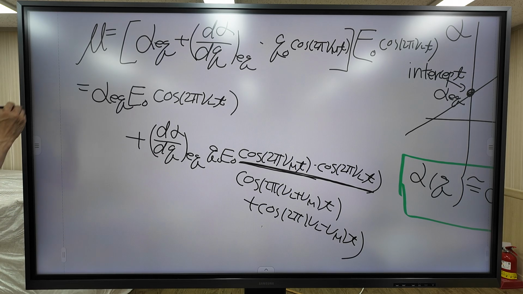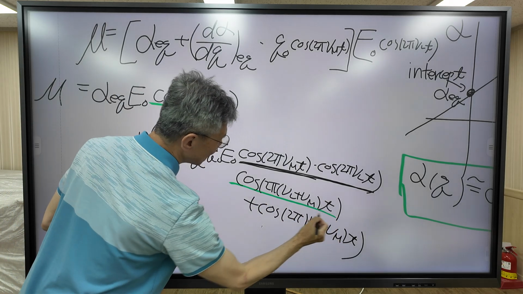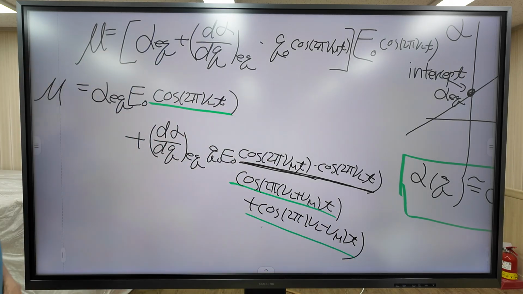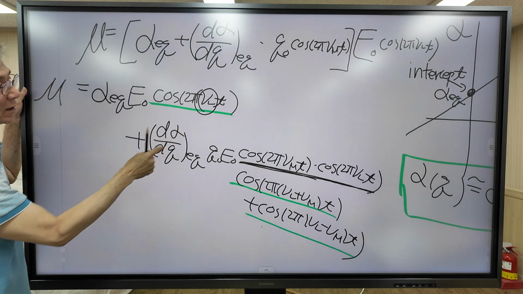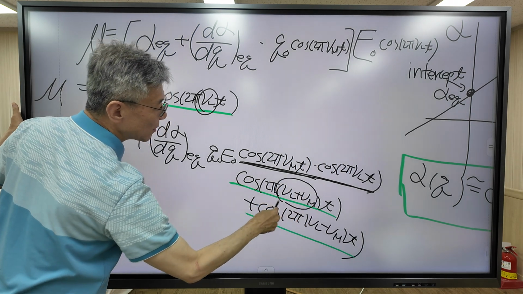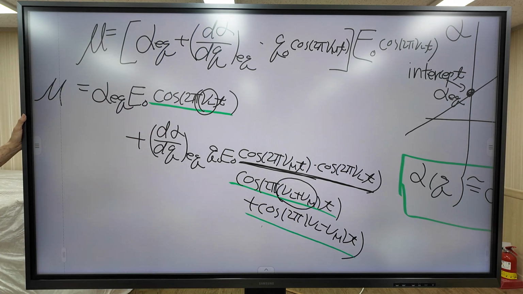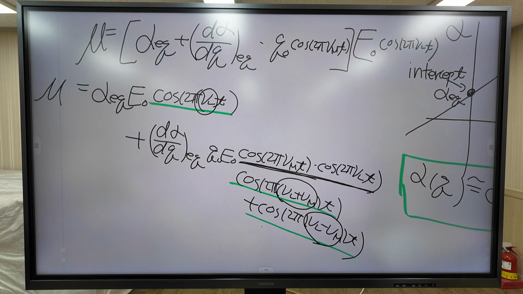So finally, this is our equation. It consists of three terms: first term, second term, and third term. The first term is oscillating at frequency nu L. The second term is oscillating at frequency nu L plus nu M. The third term is oscillating at nu L minus nu M. There are three frequency components.